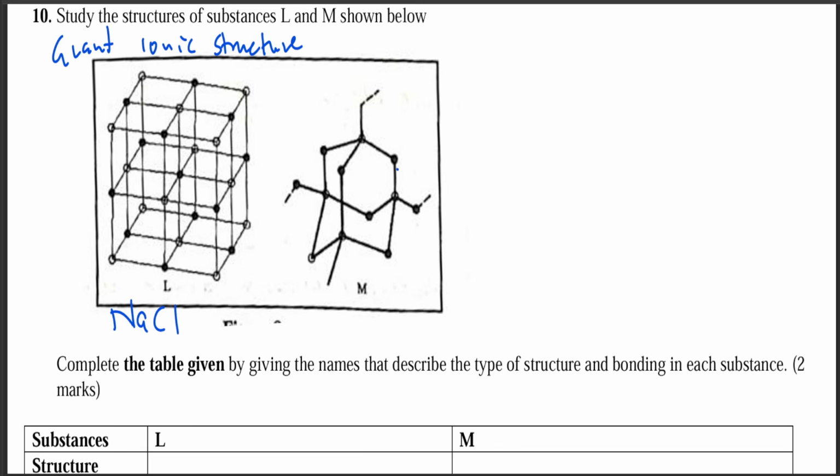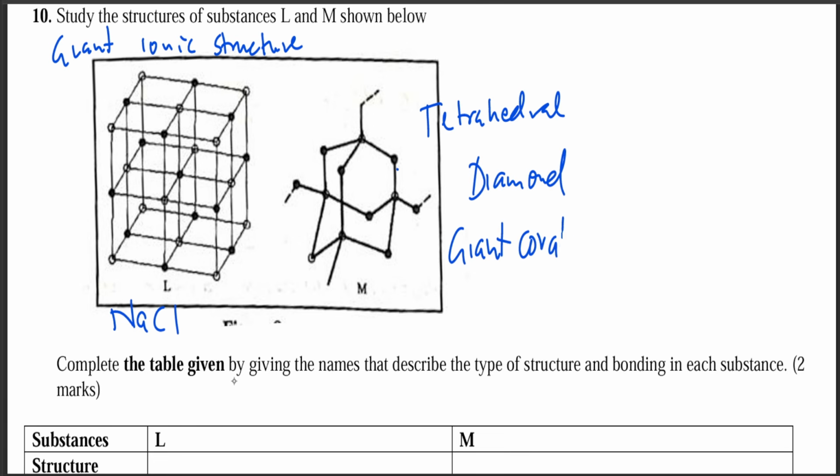And this one is a tetrahedral structure, most likely diamond. And this structure is a giant covalent structure, or giant atomic structure, or giant molecular structure. I think so.